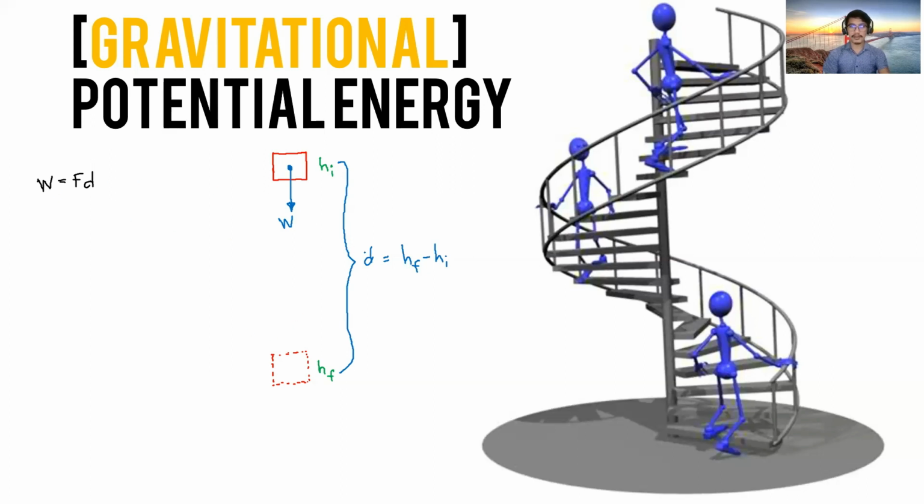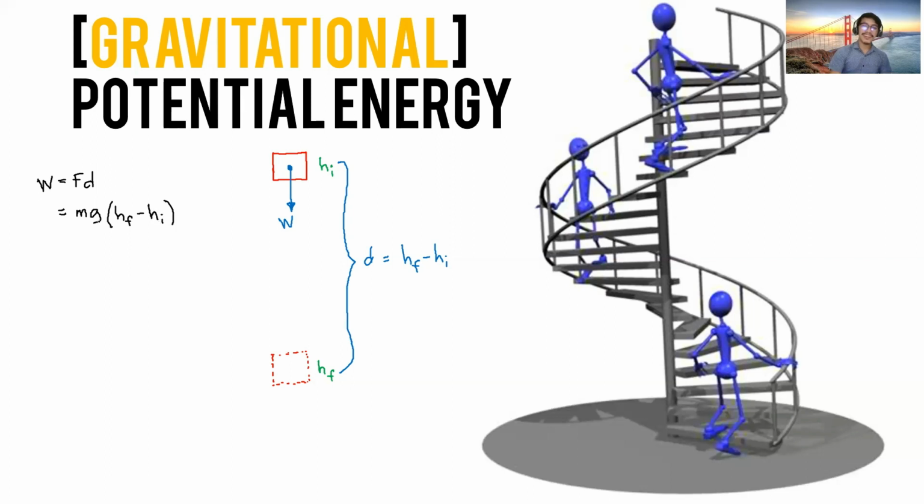So let us substitute these variables to our equation. So the only force acting on our block is the force due to gravity or the weight, which is mg. Tama? Multiplied by the displacement. Ano yung displacement natin? The displacement is just the difference in height. So that is hf minus hi.